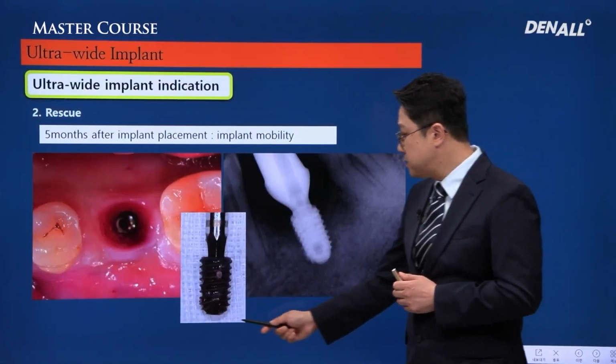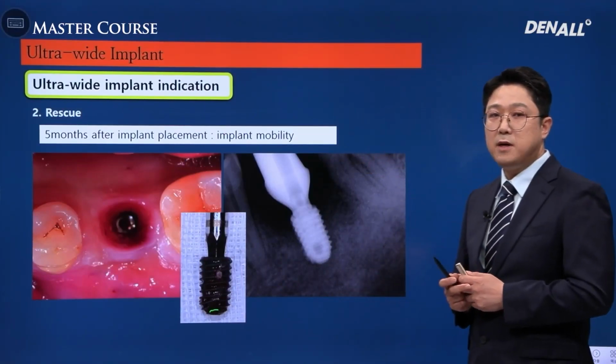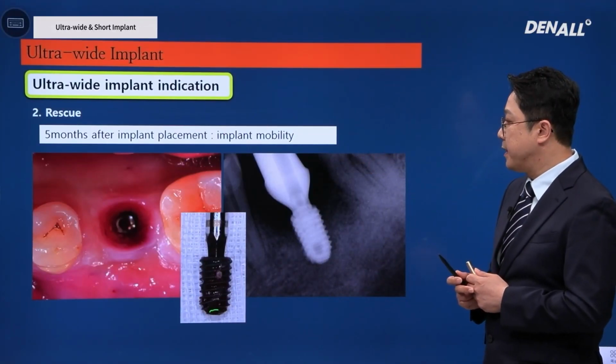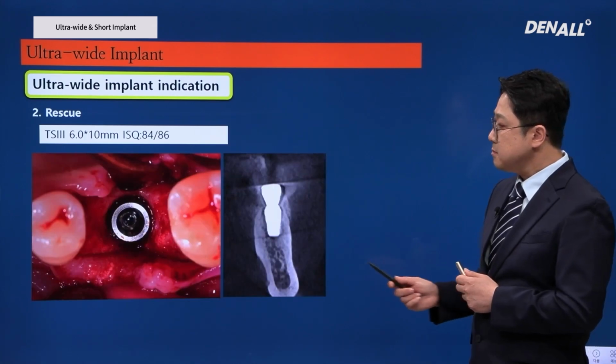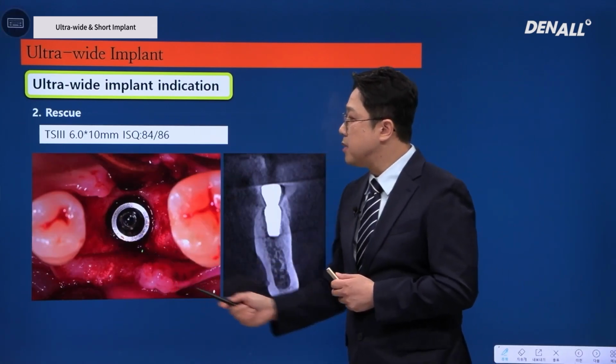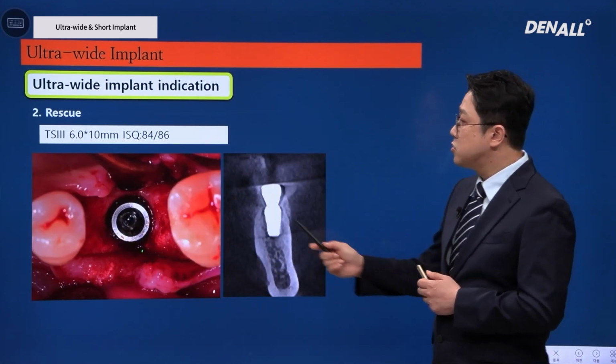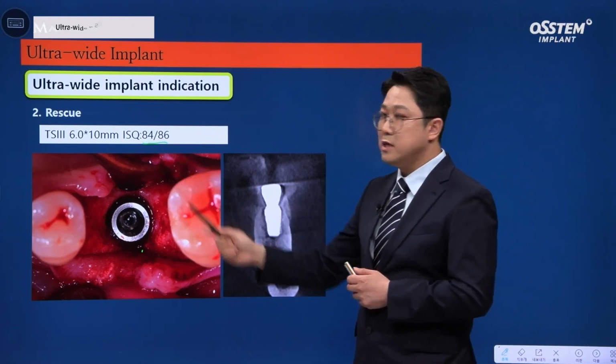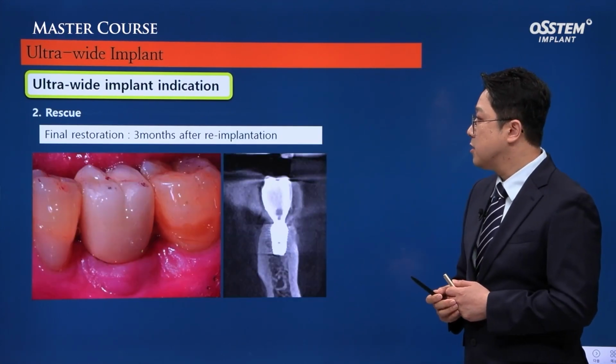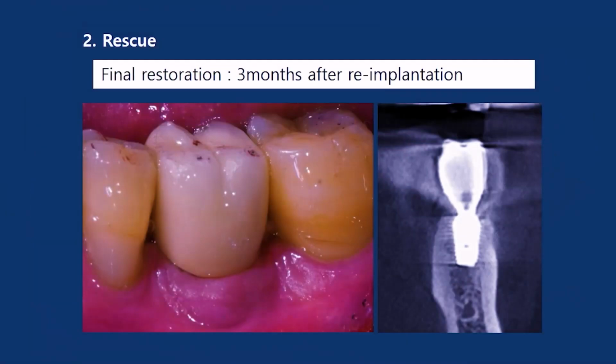As shown, the implant fell off. It was removed, and immediately a 6.0 by 10 millimeter implant was placed. If you look at the ISQ value, primary stability was very good, and 3 months after, the final prosthesis was delivered, and the case was closed.